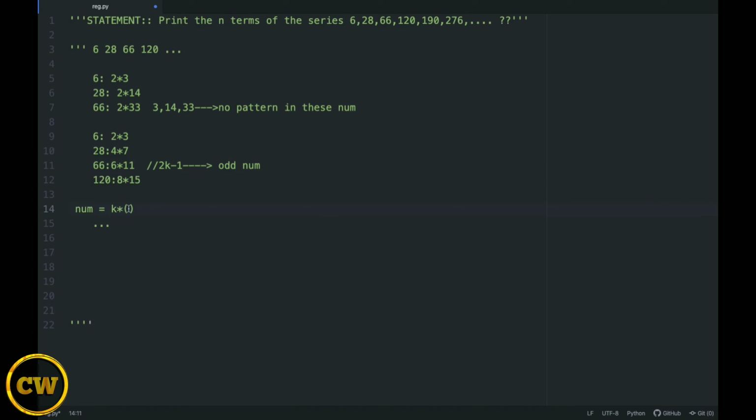So let us try to write this. It would be k into 2k minus 1, and k would be here 2, right? So here k would be 2, which implies 2 into 2 into 2 minus 1.